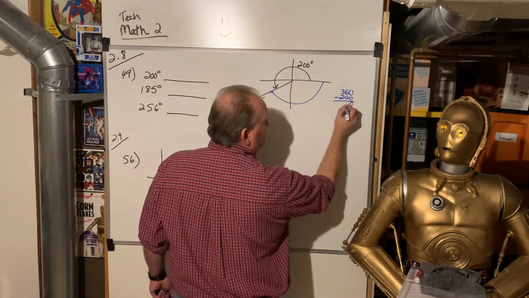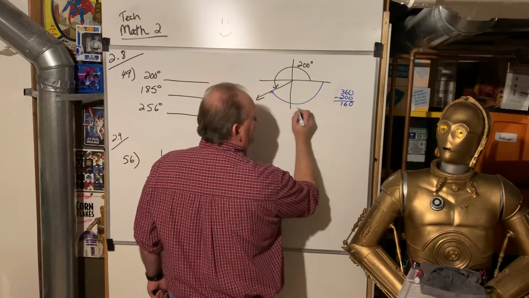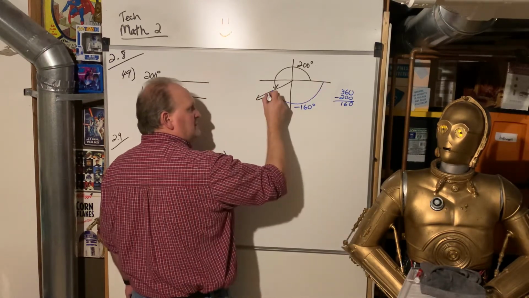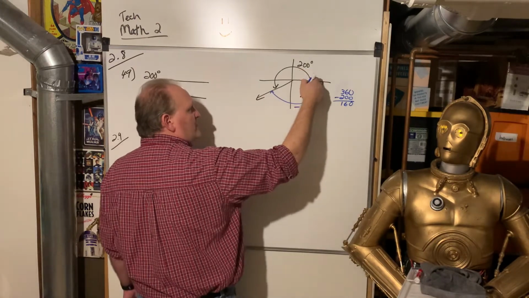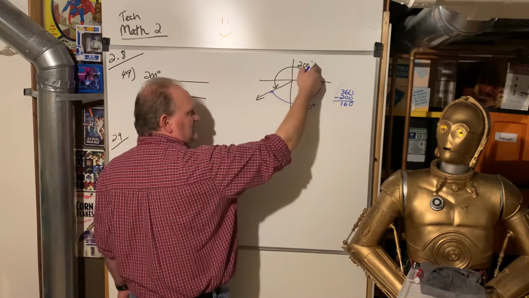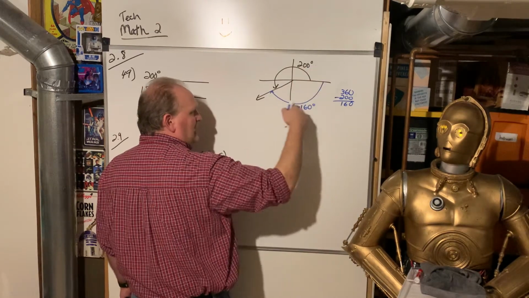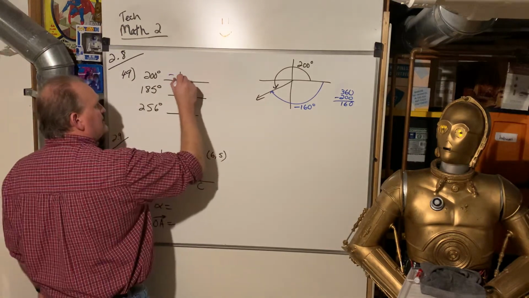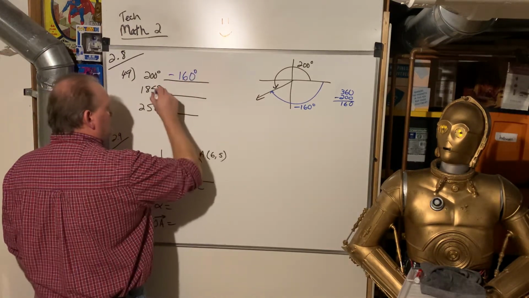You'd say 160, and then say negative 160, because it's not going the correct direction. Remember, it starts at the positive x-axis and goes counterclockwise, and that gives it a positive. If you're going clockwise, you have to put a negative on it. So that's negative 160. And you just do the same thing.